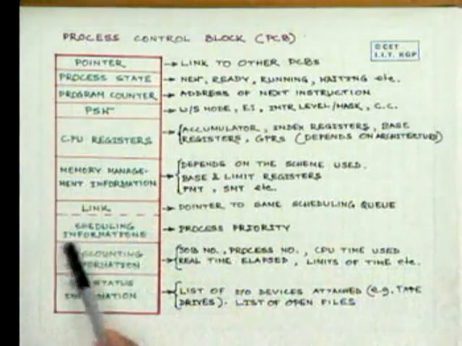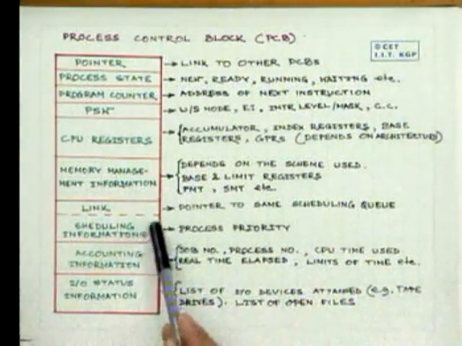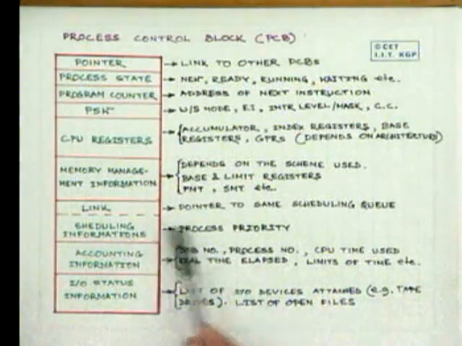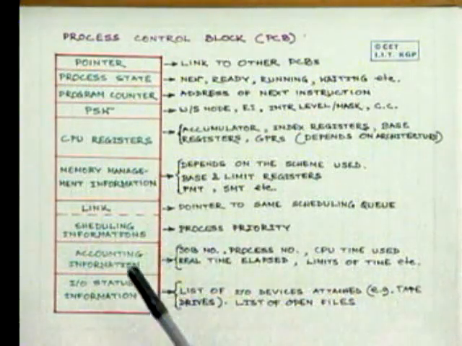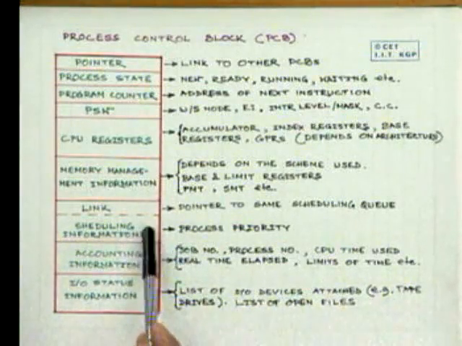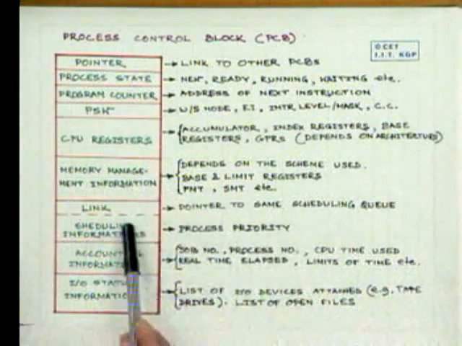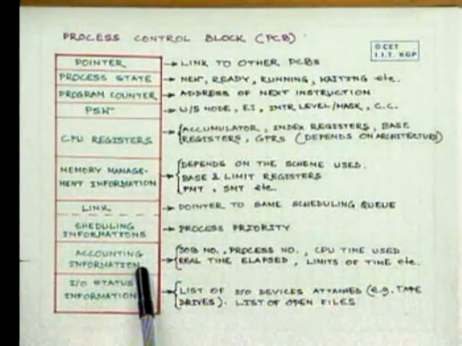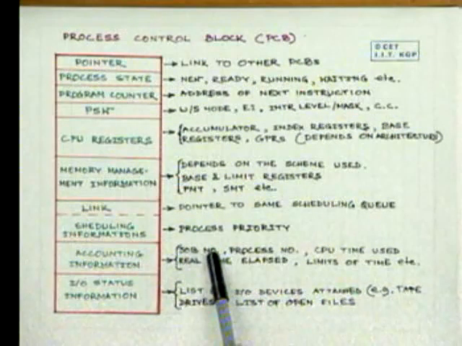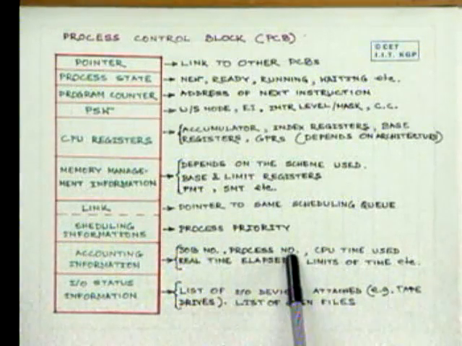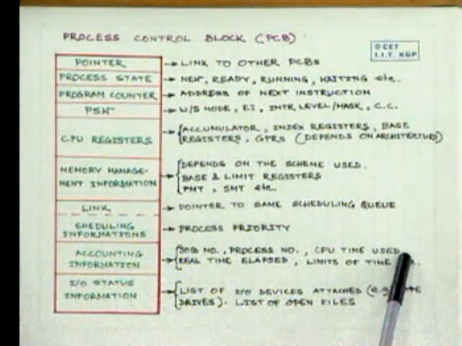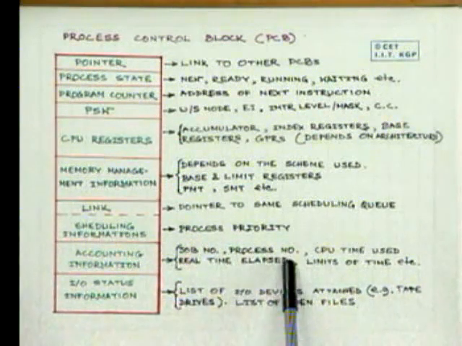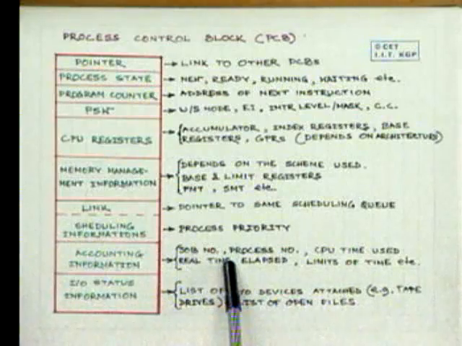Then the scheduling information is there. Naturally, in that scheduling information, a particular process's priority can be kept, along with other information that pertains to scheduling. Accounting information is also kept. For example, what its job number is, what the process number is, and the CPU time used until this point. The real time elapsed, that means the time since the job was submitted.